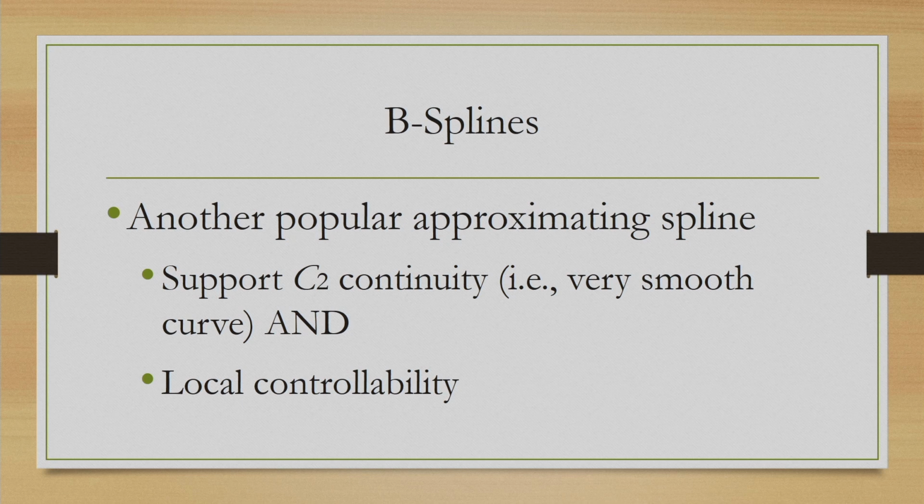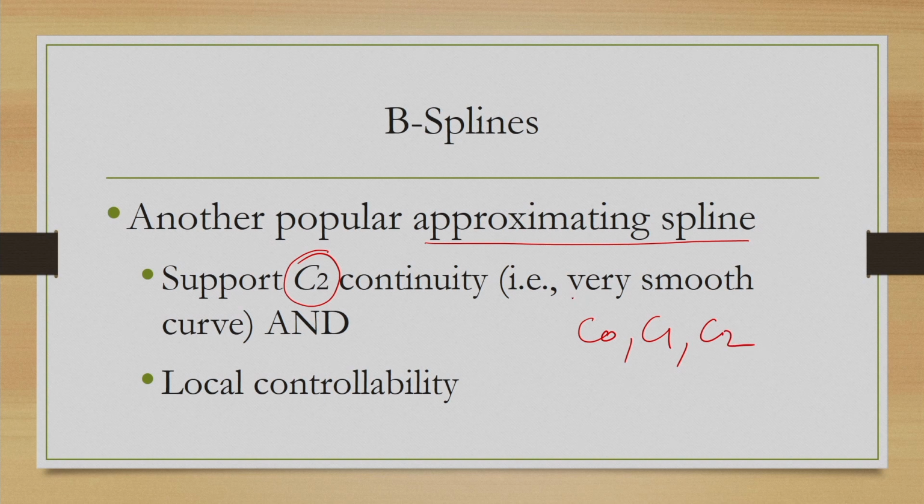Now, let us move to the other category of splines, that is B splines. Here the idea is slightly more complicated. B splines are approximating splines, as we have already mentioned. They support up to C2 continuity conditions, parametric continuity conditions, that means C0, C1 and C2, all three they support.